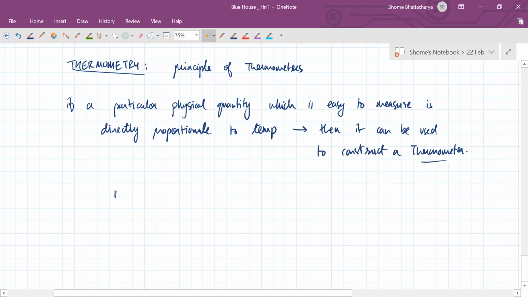So for example, any quantity x, let's say, is directly proportional to temperature.